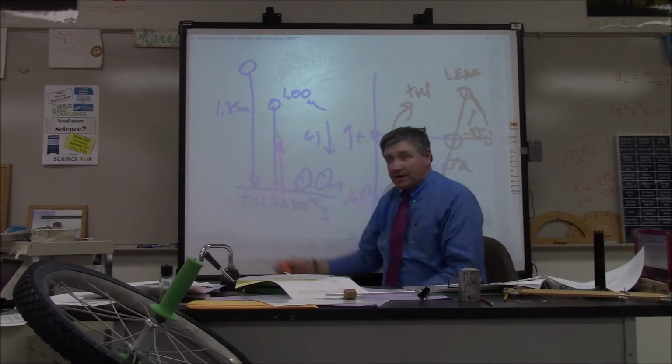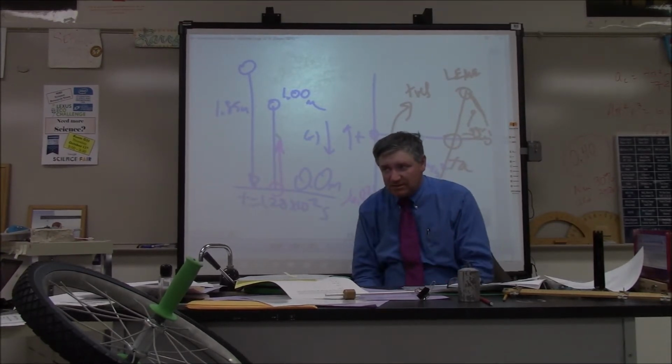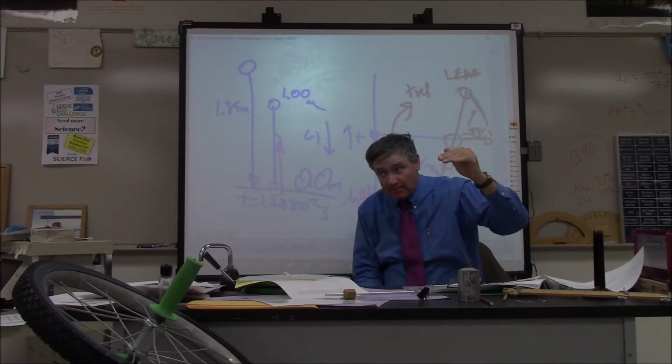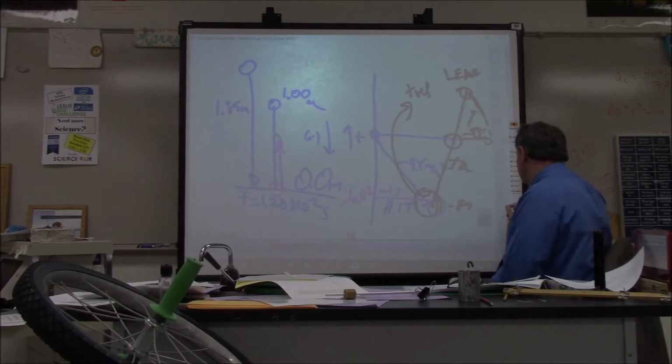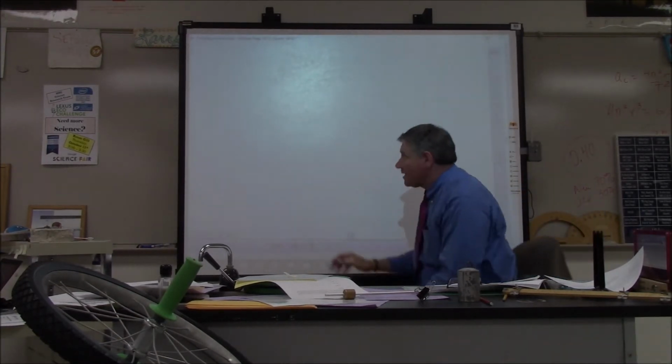On the way up, am I searching for the final velocity or the initial velocity? The initial. Why? I know my final velocity is going to be 0. Okay? So here's what we're going to look at.